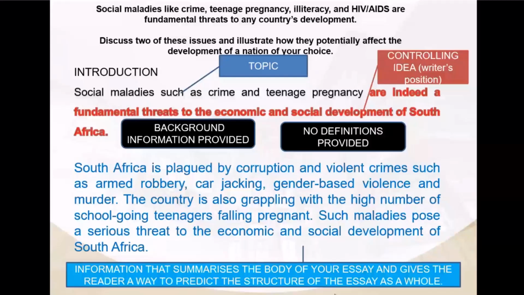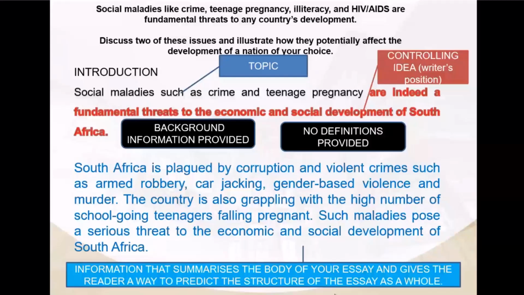Now, what ideas is the student going to use to support that stance or position? So here they are given in blue. They're going to say that South Africa is plagued by corruption and violent crimes, such as armed robbery and carjacking, gender-based violence.